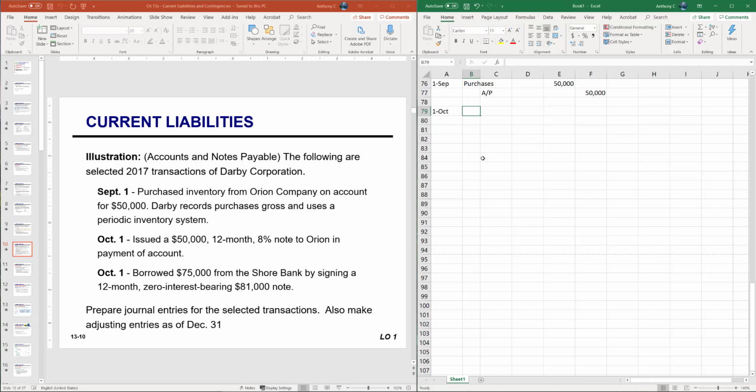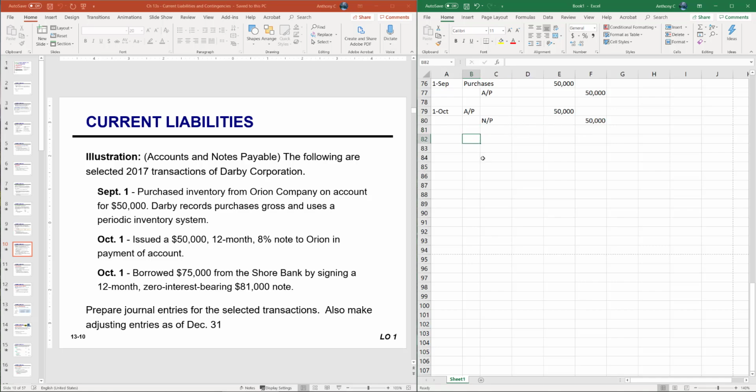We'll capture the payment of the account first. If we're paying off the accounts payable of $50,000, we need to reduce it, so we'll debit AP for 50. And then our credit here should answer how we paid for that account. We paid for it by signing a note. So we'll credit notes payable for $50,000.